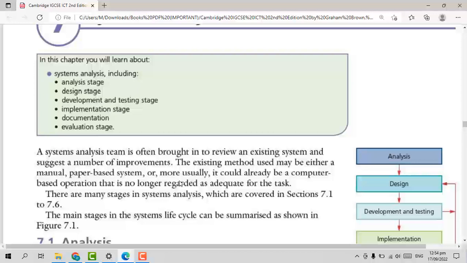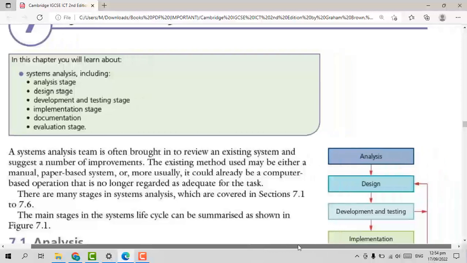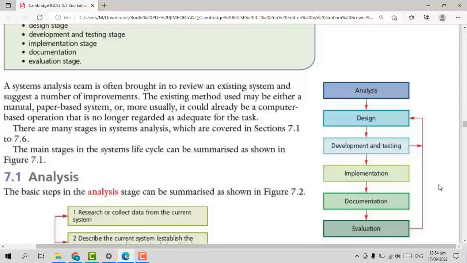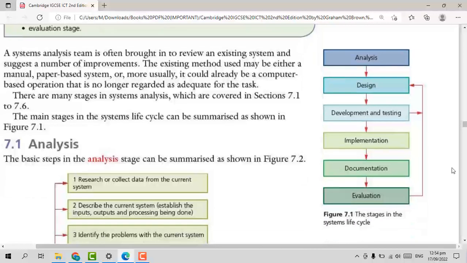All right, let's get to the stages that every system analyst, IT person, or programmer goes through in order to create a system. This is the system life cycle, and this is really important. This is the base of this entire unit.